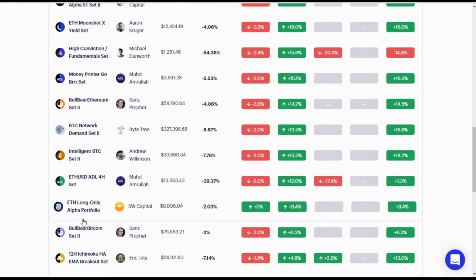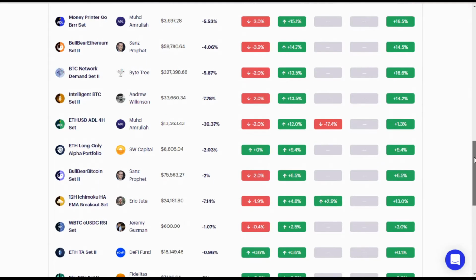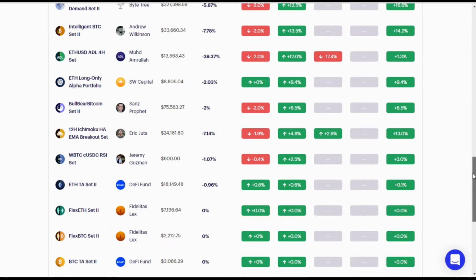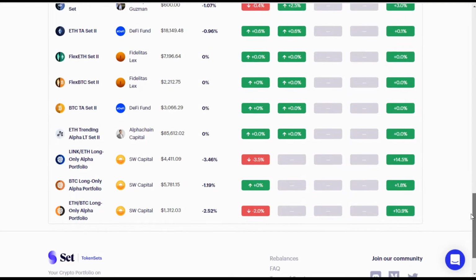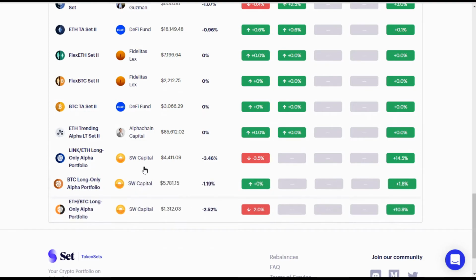Ethereum long only, alpha portfolio, SW Capital. We've got a couple of other people here that are sort of plus or zeros. There's another 0 again from SW Capital. So they seem to really like Ethereum.